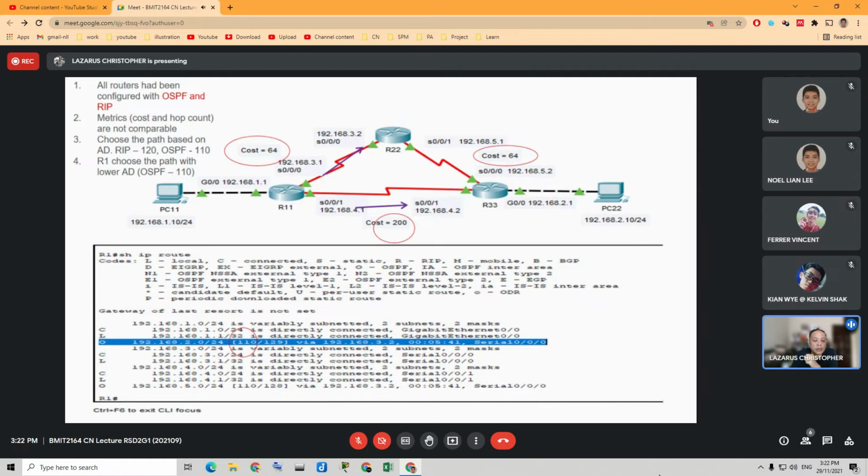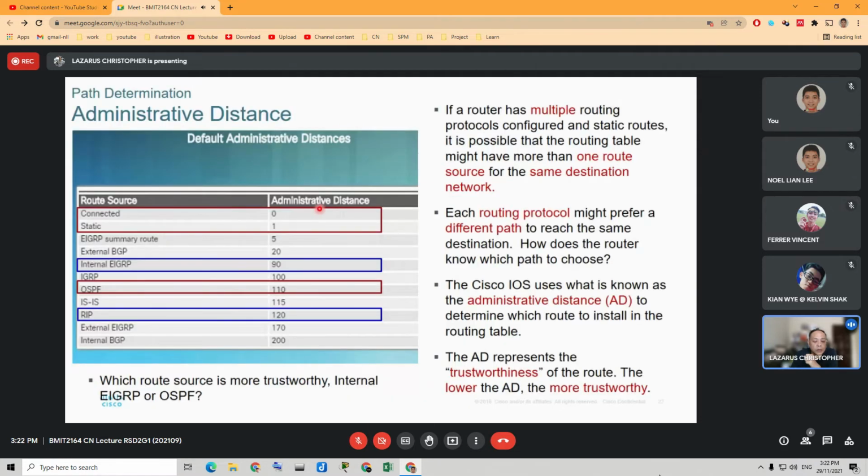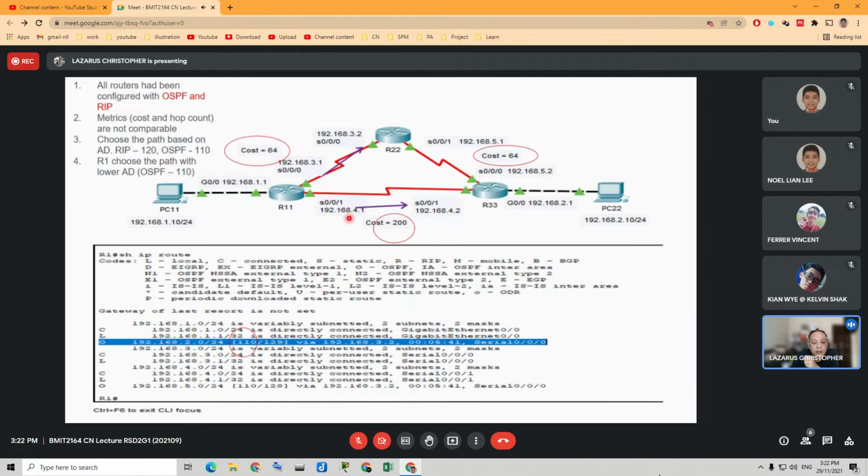But based on IOS, there's an AD, and by default OSPF has a lower AD compared to RIP. So OSPF will win here against RIP, and the final path will be based on OSPF.